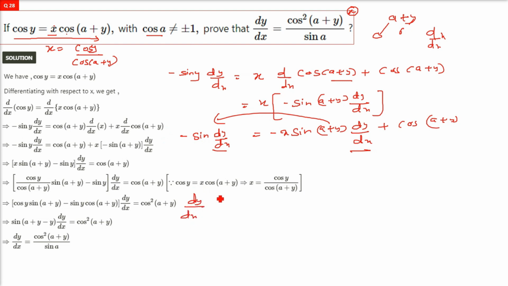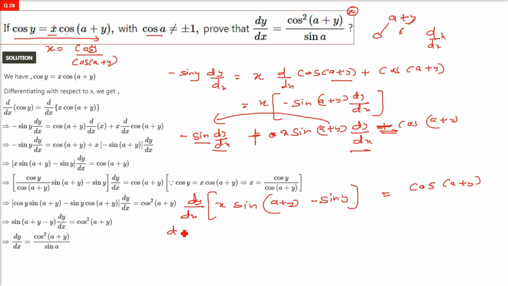So we will combine this dy/dx together on one side. When I take dy/dx to the left hand side, just assume that we have this term already on the left hand side, so it will become positive. In one step only I am trying to explain. So we have x sin(a + y) minus sin y on the left hand side with dy/dx, and on the right hand side we have cos(a + y).